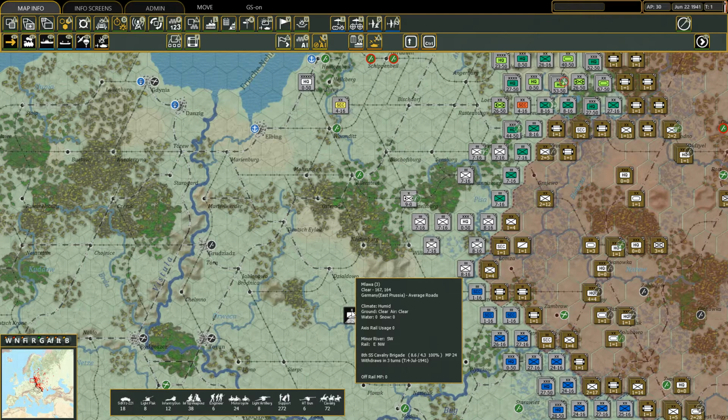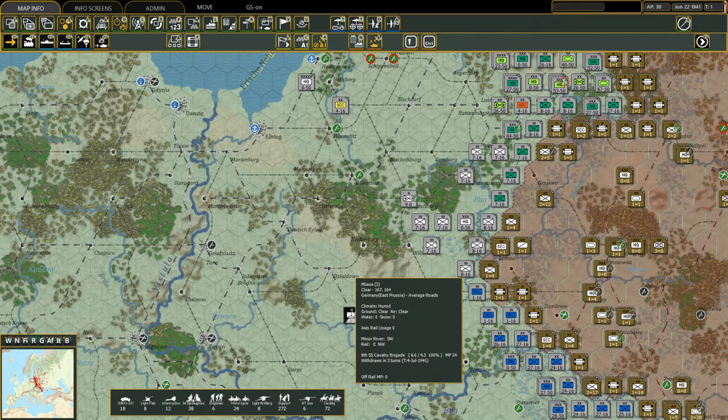In this case, the 8th SS Cavalry Brigade has 18 Sonderkraftfahrzeug 222, the 8th Light Flak, 12 infantry gun, 38 infantry self-propelled weapons, 6 engineers, and so on and so forth.